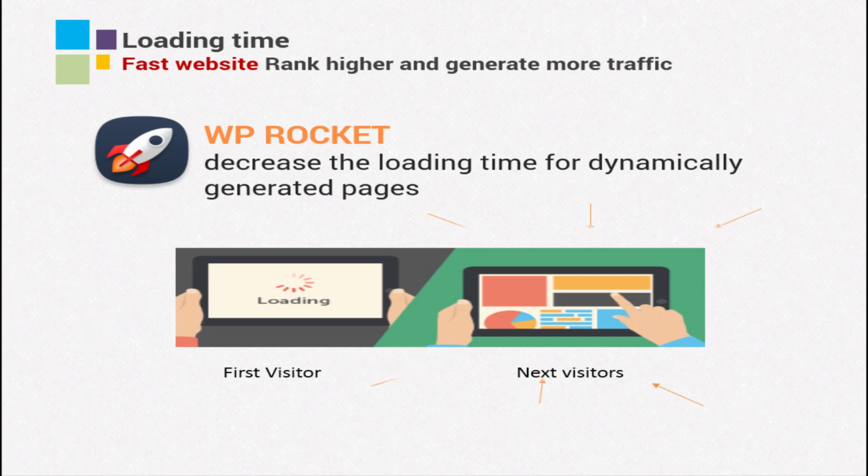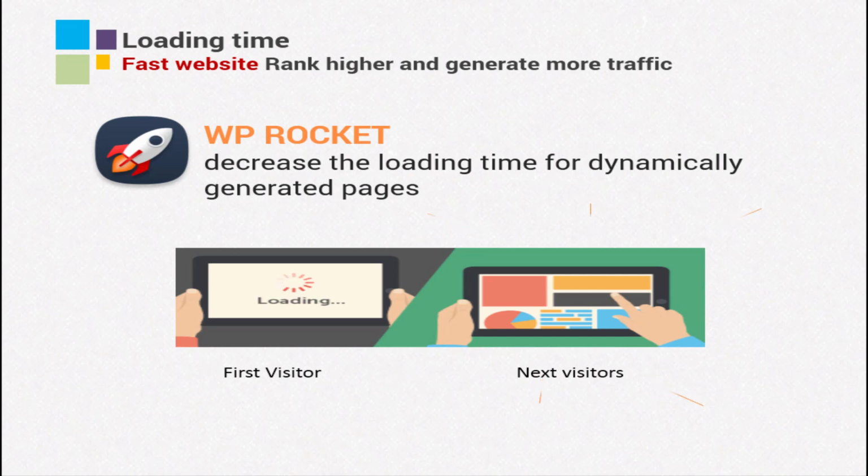Those queries take some time to be processed by the MySQL service and return a result. This plugin stores entire pages of your website in the server RAM. This means that only the first visitor will load the entire content from the database, and the next visitors will get the page output directly from the server's memory, which means faster.